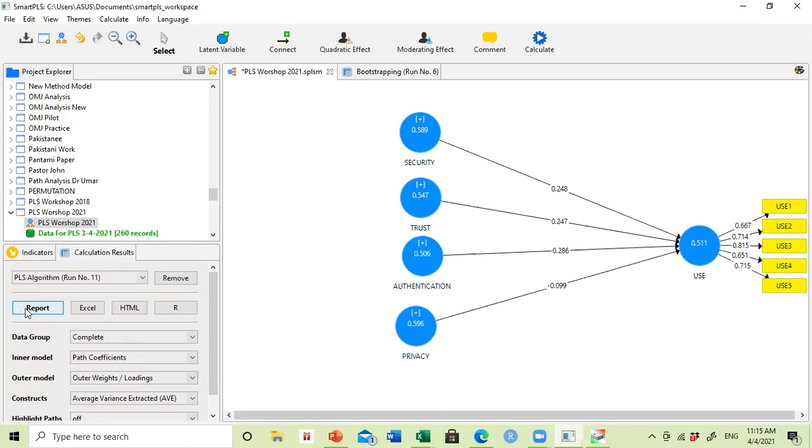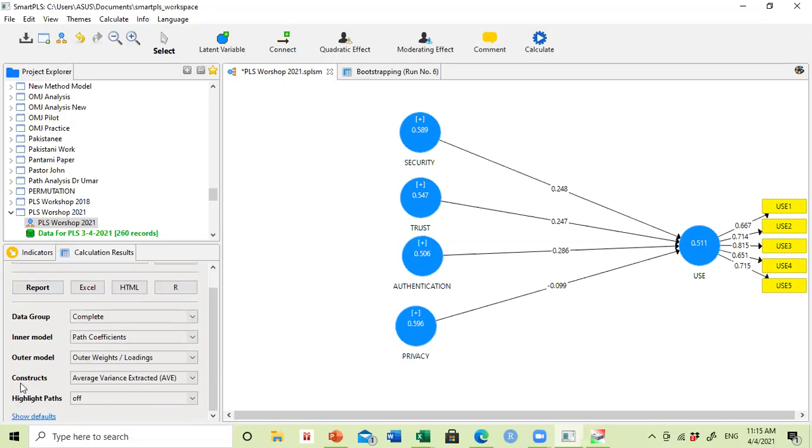Or before you do that, if you want, you can go down and see construct. In front of that construct, there is one bar. You click the down arrow, and you will see R square there.